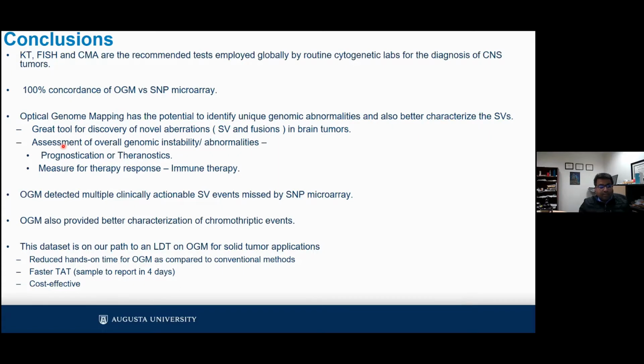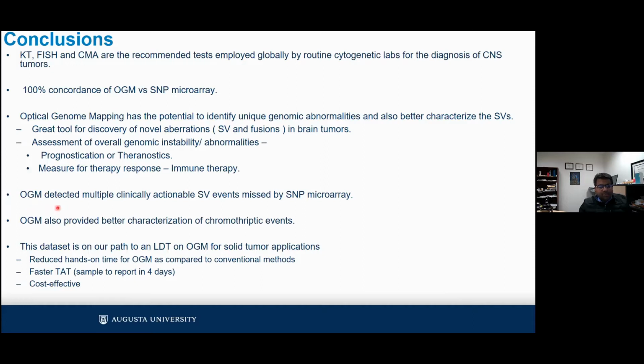It is a great tool to assess overall genomic instability and abnormality, especially its use in prognostication and theranostics. And I think it has a potential to gauge the therapy response, very similar to TMB in immune therapy.